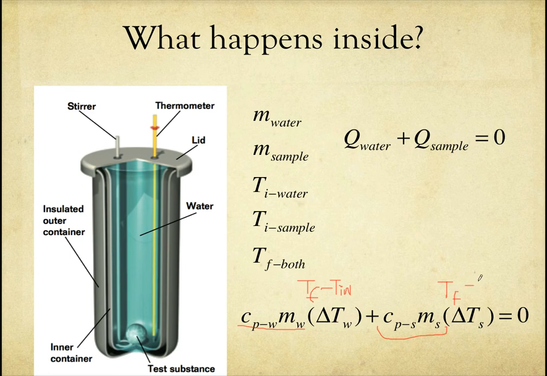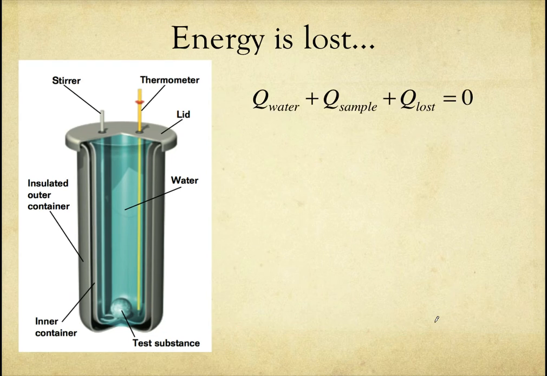It's the same for both of them, minus T initial of the sample, and then you distribute and rearrange, or if you know the shortcut, you could take the shortcut. But anyway, you would still have your Q plus Q plus Q plus Q plus Q all equals 0, even if there is energy loss.